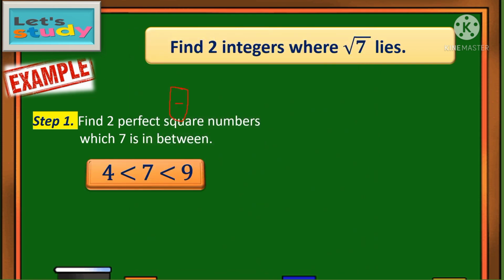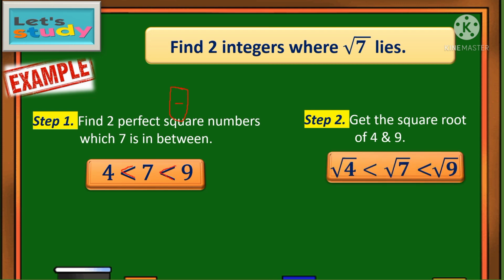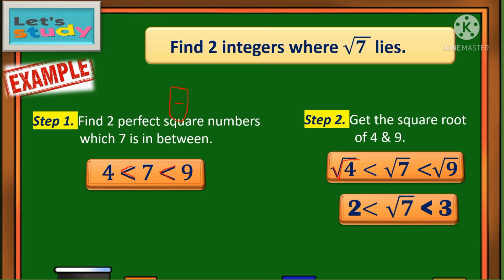Next, lista natin. So, 7 is greater than 4 but less than 9. Ganito ang gagawin, ha? Step 2 is get the square root of 4 and 9. So, kukunin na natin ang square root ni 4 and 9. O, ano ba yung square root ni 4? Diba 4 is a perfect square? So, that is 2.